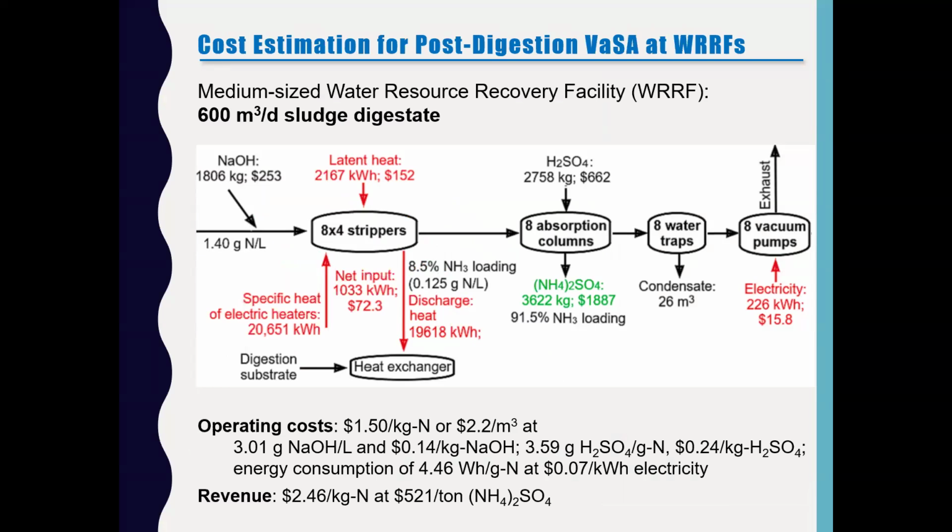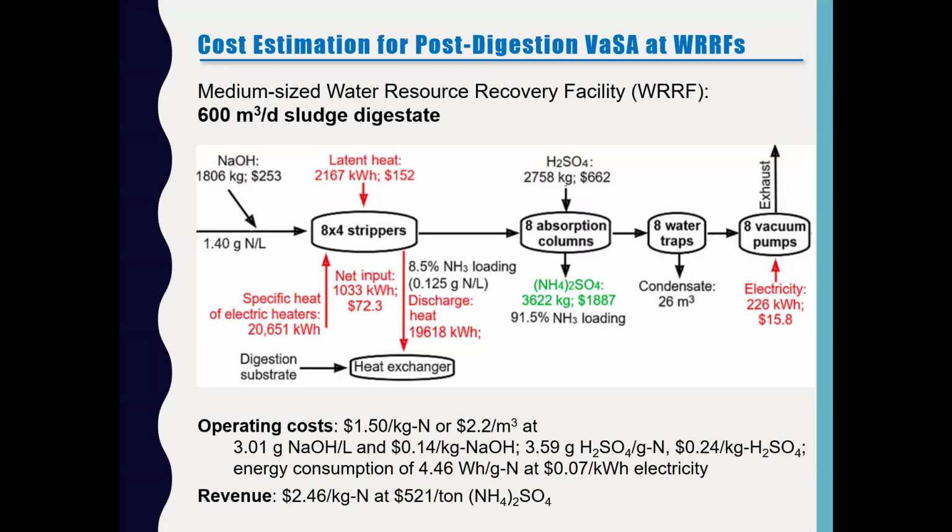And I'll just quickly go over, because for commercialization, you always ask about the cost. This is our latest estimate of the costs. We found that sulfuric acid is the largest part. Second is sodium hydroxide to adjust pH. Energy consumption actually is small if we use the heat exchanger to recycle the heating energy.